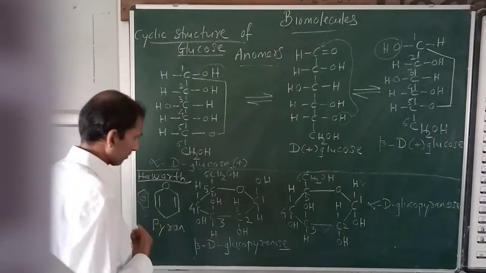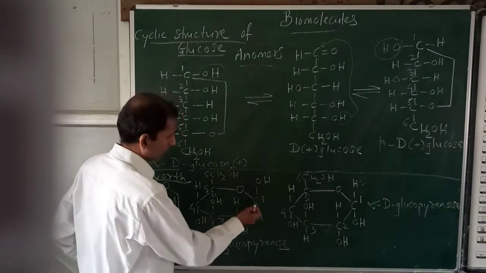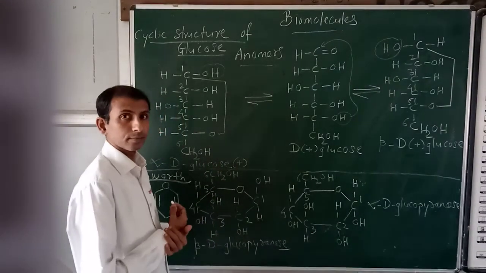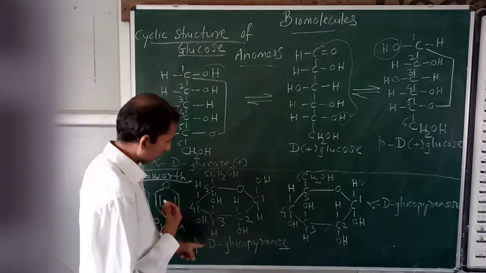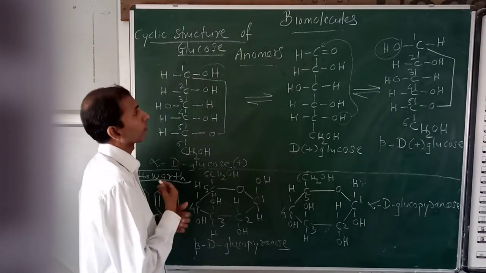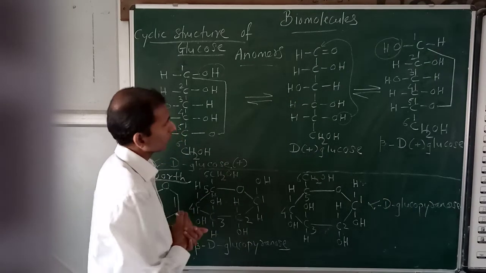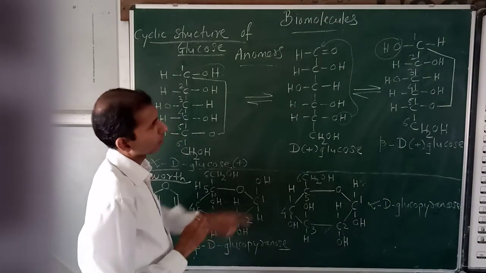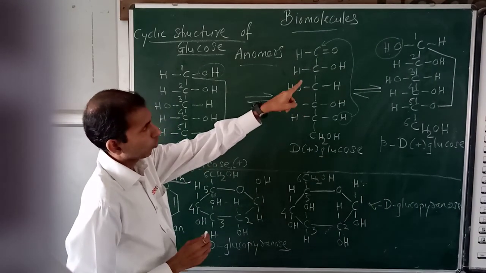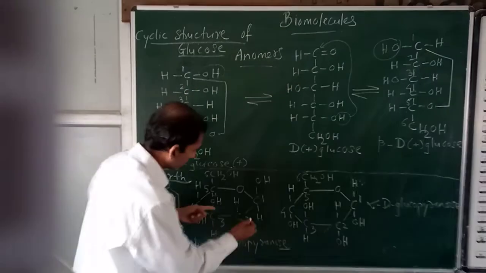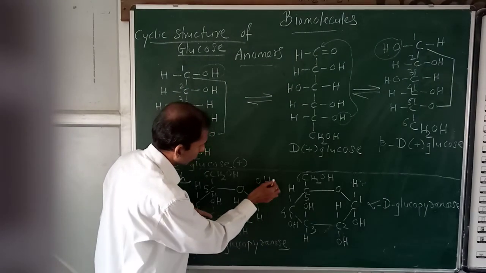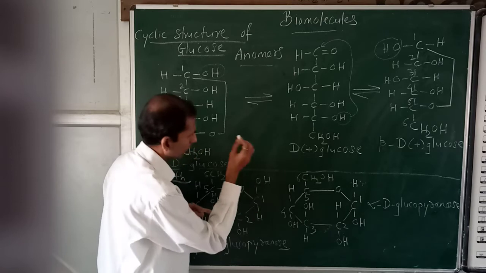So let's start here. Carbon atom number 1. Beta D glucopyranose. Now here beta D glucose, as you can see there, OH group is on the left hand side, and in this structure OH group is on upper side of the carbon atom.